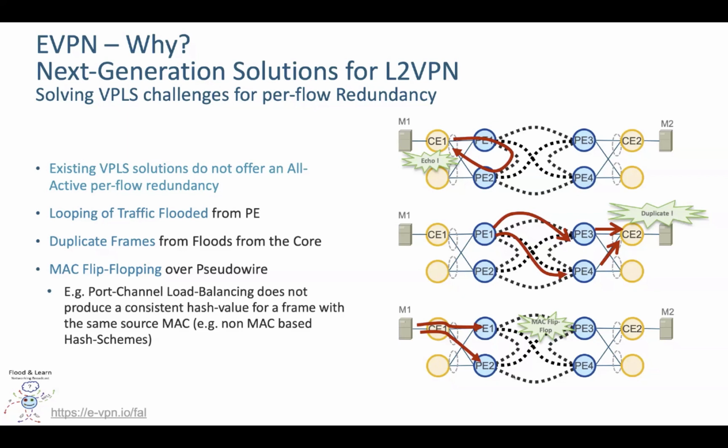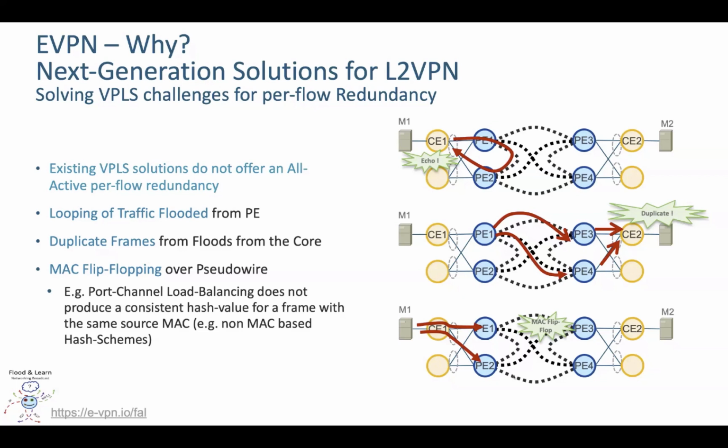In the next picture, PE1 will flood the broadcast over the core. PE3 and PE4 will receive this traffic, and both of them will send it to the access. So you will see the duplicates on the remote side. The next problem is when I'm balancing over the core.